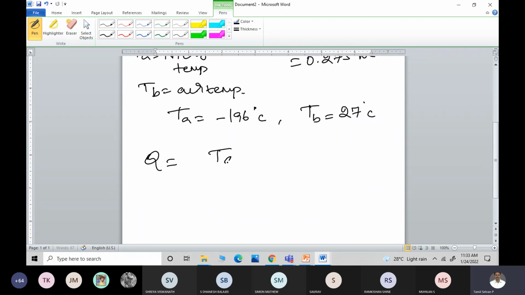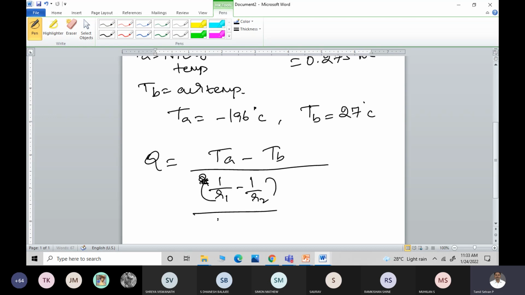Okay, so Q equals TA minus TB divided by what is the expression? The expression is (1/R1 minus 1/R2) divided by 4 pi K, plus 1 by HB into area.